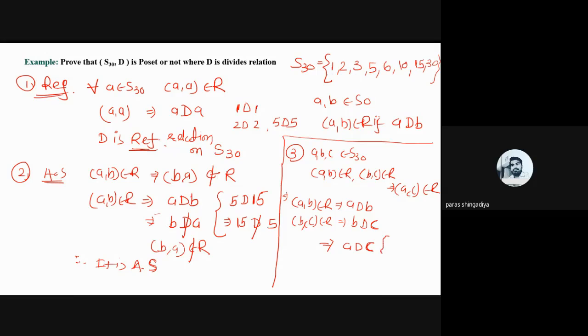Let us consider one example. 2, 6, and 30, which belong to S30. 2 belongs to S30, 6 belongs to S30, and 30 belongs to S30. So 2 divides 6, that is true.